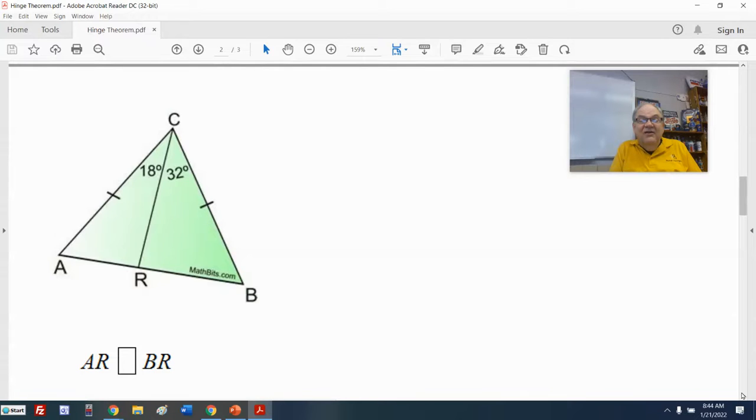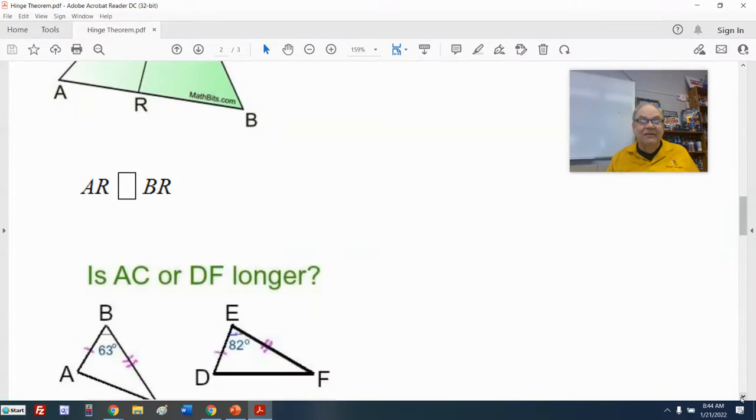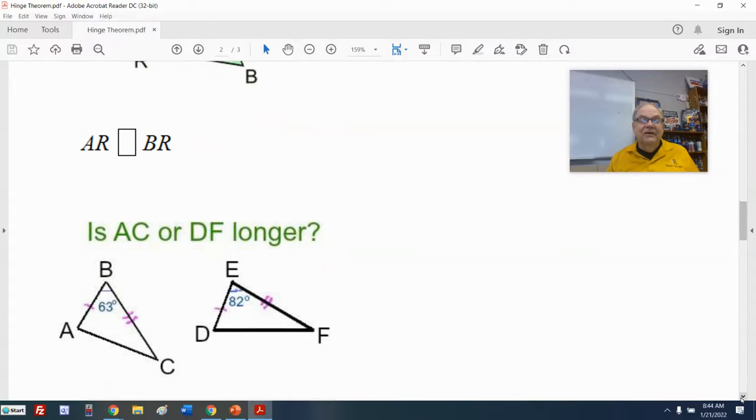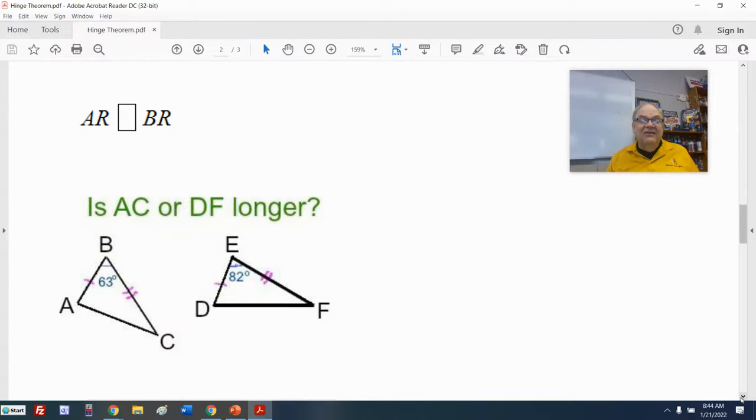And since that angle's less, that's why AR has to be less than BR, and less than will be the answer on this one. Then it says, is AC or DF longer? Well, again, you look at which angle's bigger, and it's got to be DF.